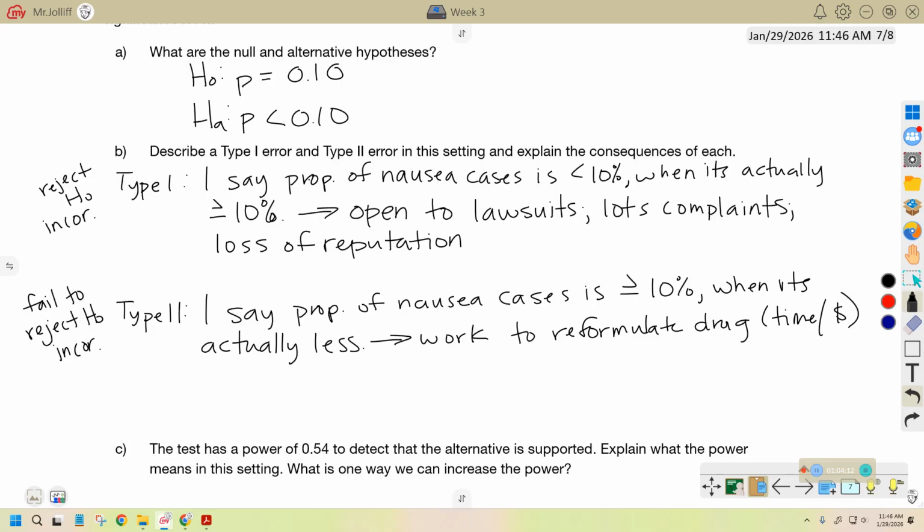And the question as the medical researcher and their statistician team is which one of those is likely worse in the long run? And out of curiosity, what do we think? If you think type 1 error is worse, give me a thumbs up. If you think type 2 error is worse, give me a thumbs down. I see a lot more ones. I see a couple of shakies, but mostly ones.